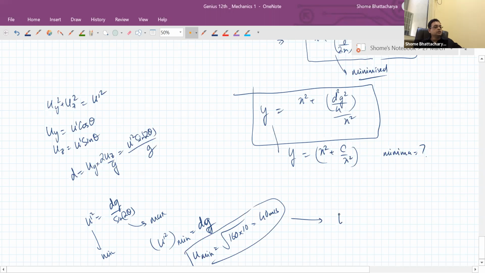Okay. So u's minimum will become square root of v naught square plus uy square plus uz square's minimum. So that is v naught square plus u prime square's minimum.